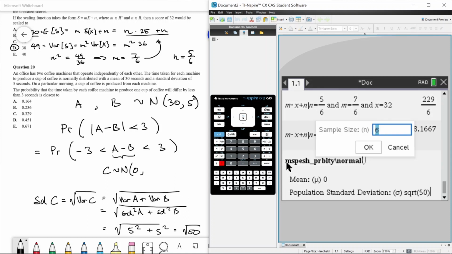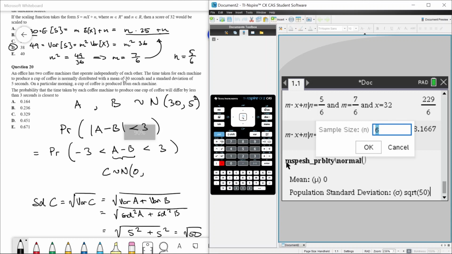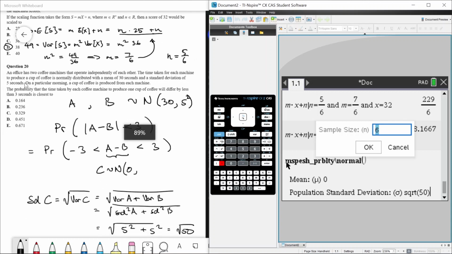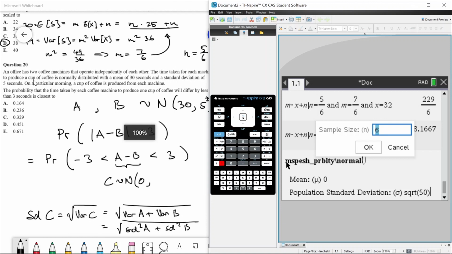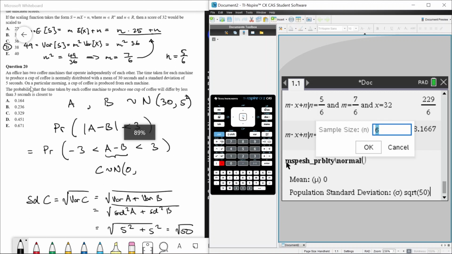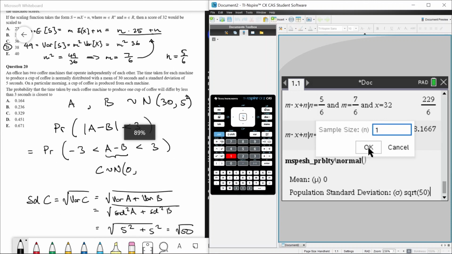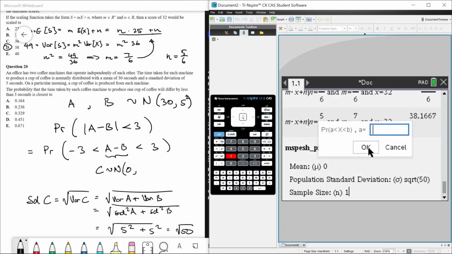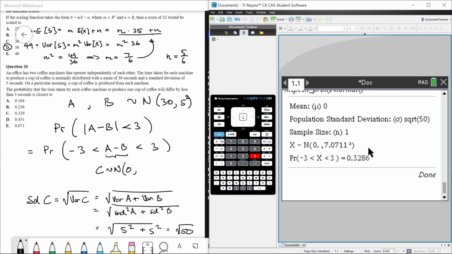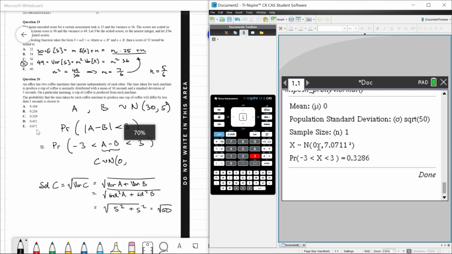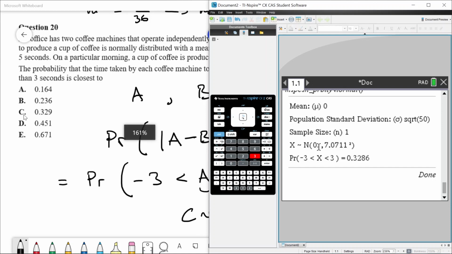The sample size is just 1, since this is just 1 cup of coffee. Then the range is from minus 3 up to 3. That's going to be 0.3286. Hopefully that's right. So that's going to be option C.